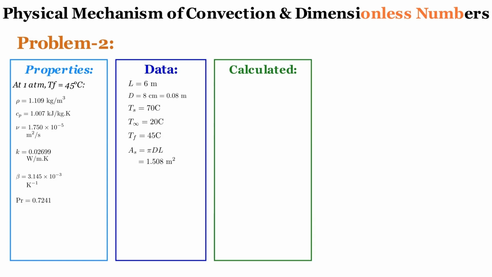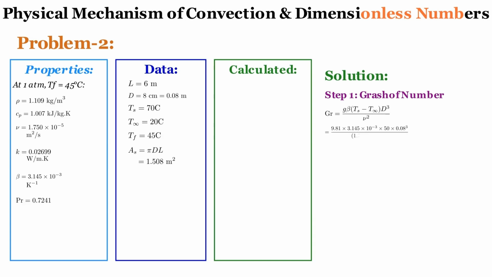Good. Now, here's where natural convection gets interesting. Let's solve this step by step. Step 1. For natural convection, we first need the Grashof number. This is new compared to forced convection. Grashof number equals g times beta times the temperature difference times d cubed, divided by nu squared.